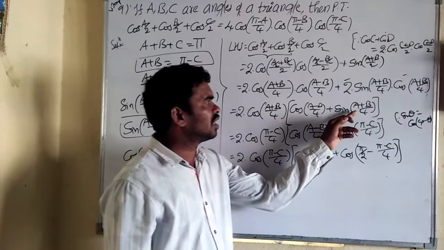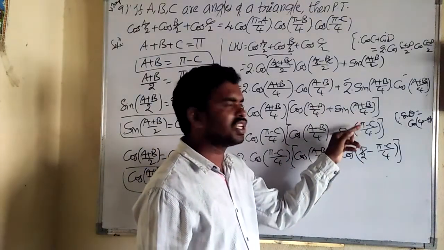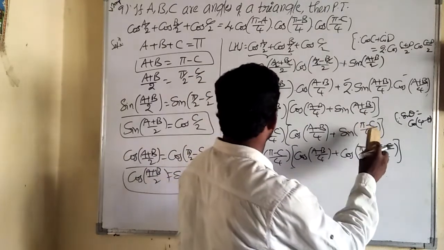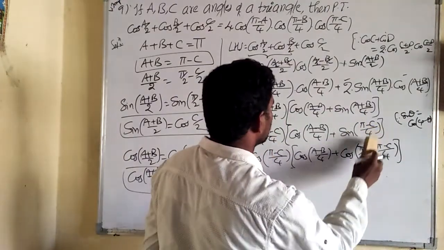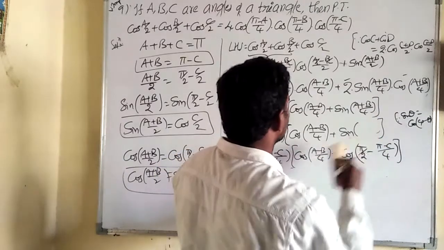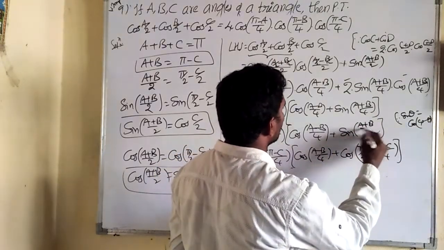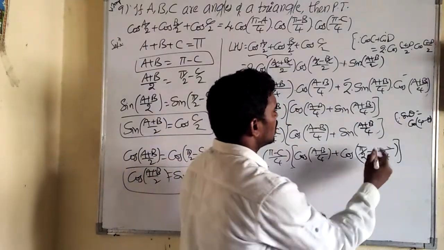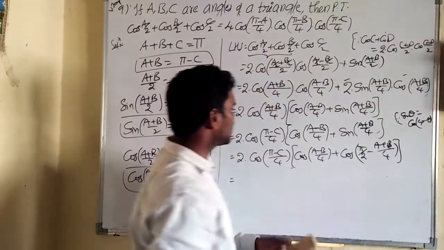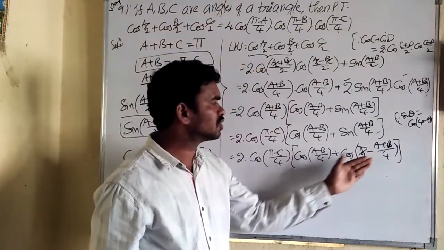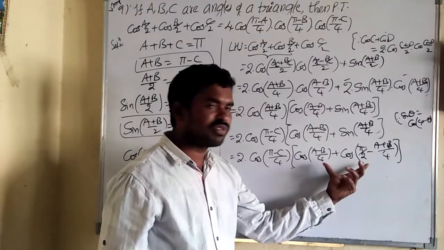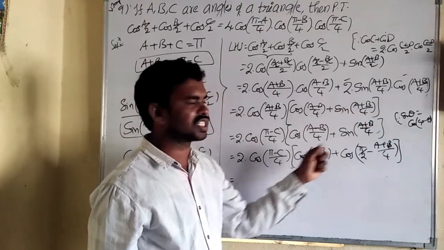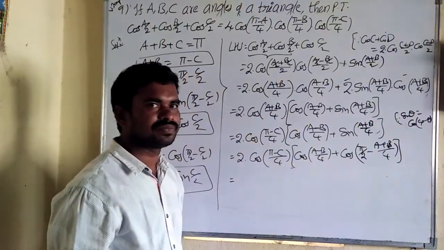Here, getting some trouble if you change a plus b as pi minus c, so that's why keep it as it is. Keep it as (a plus b)/4 only. Sin theta means cos of 90 minus theta. Because we should get the result in terms of pi minus a and pi minus b, the rest should be kept in terms of a and b only. So that's why don't change this. If you change this, no problem.